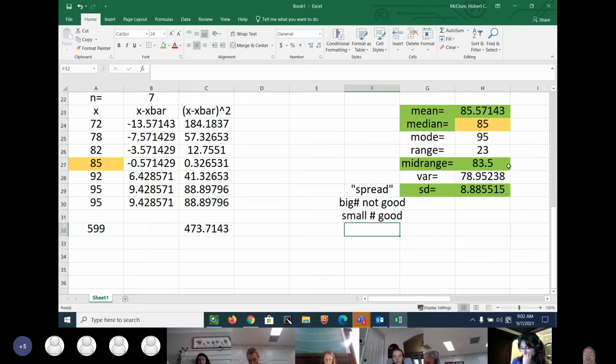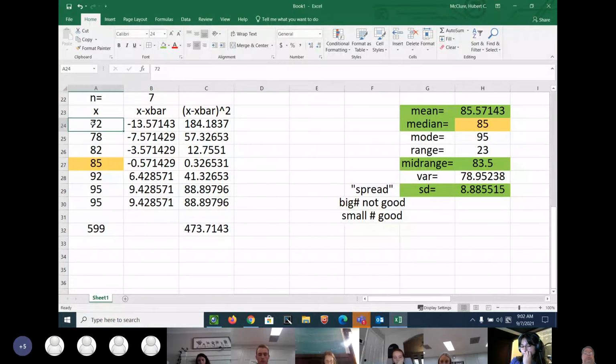What do you notice about the mid-range, the median, and the mean? Well, let me do this. I'm going to change these numbers around. They're close together. Good, Miss Newsom, that is correct.